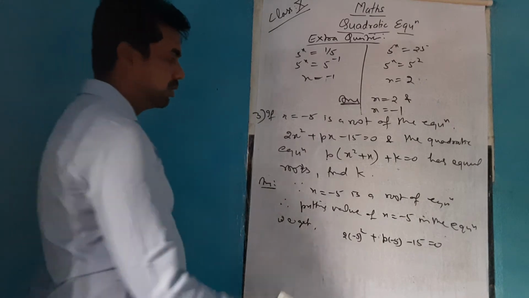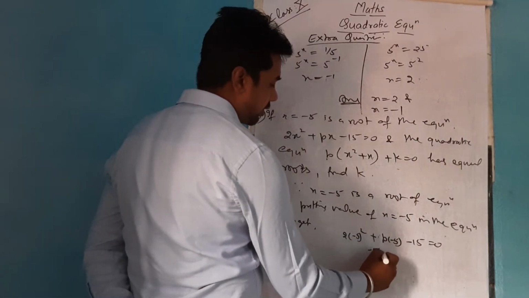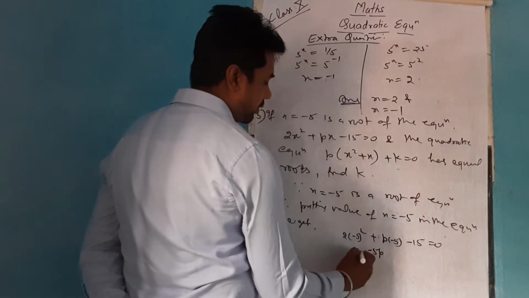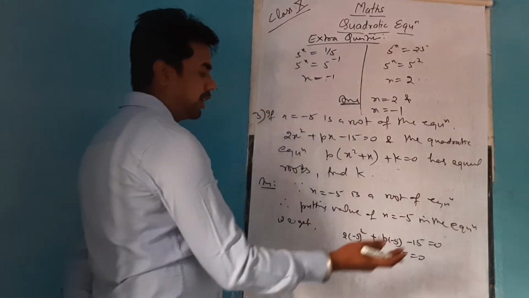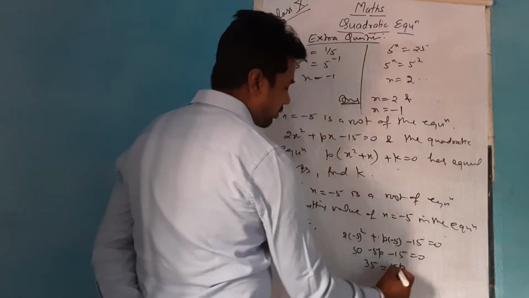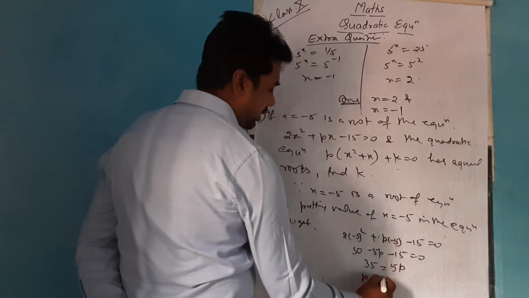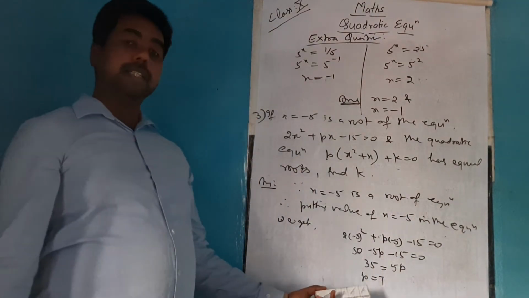This will be (-5)² = 25, 2 times that is 50, and this is -5p. So 50 - 5p - 15 = 0. 5p sent to the other side, so 35 = 5p. So the value of p came out as 7. So the value of p is 7.